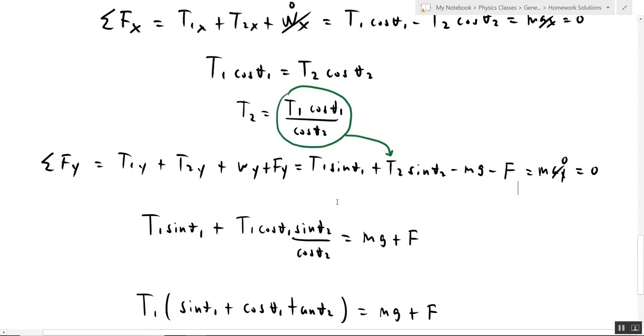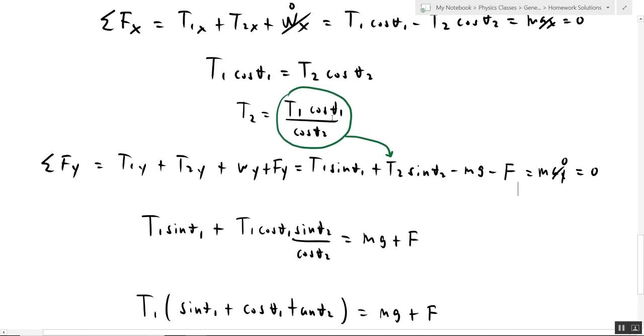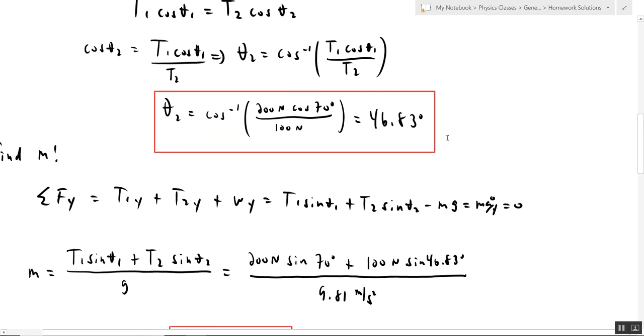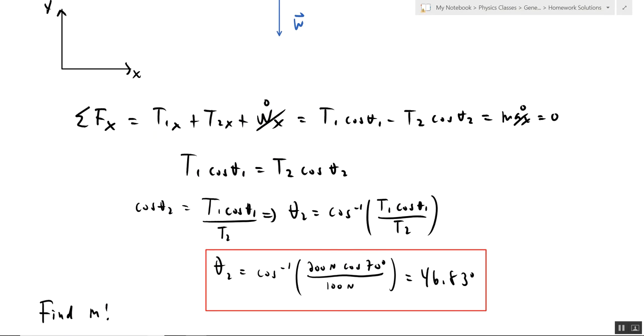If you wanted to find what T2 was, that was another question. You plug T1 in here, you multiply by the cosine of theta 1 and divide by the cosine of theta 2. It sounds complicated, but all it is is finding the x and y components of all the forces and adding them up.